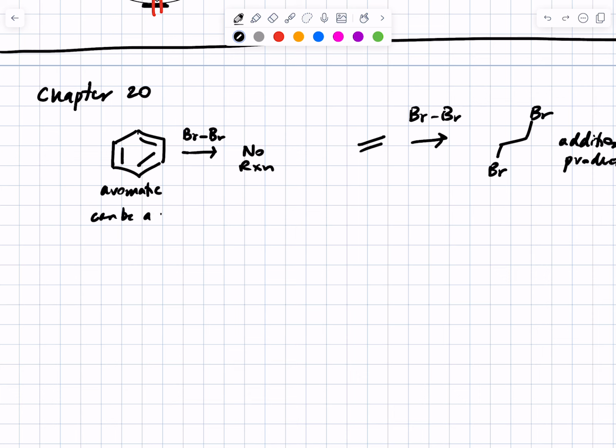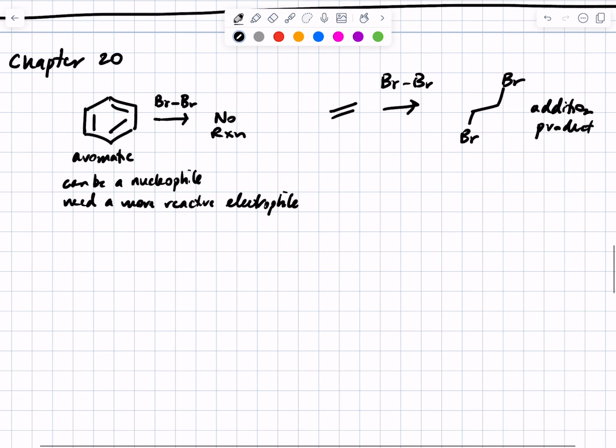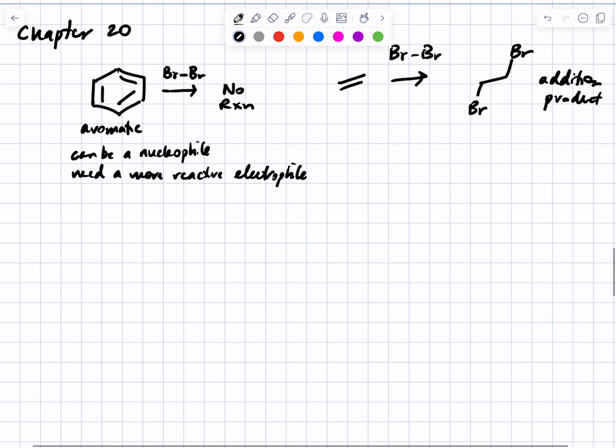Benzene can be a nucleophile, but you need a very reactive electrophile. So one strategy, whenever you want to soup up an electrophile, make an electrophile that you already have even better, is to add a metal to the reaction, a metal cation that can act as a Lewis acid.